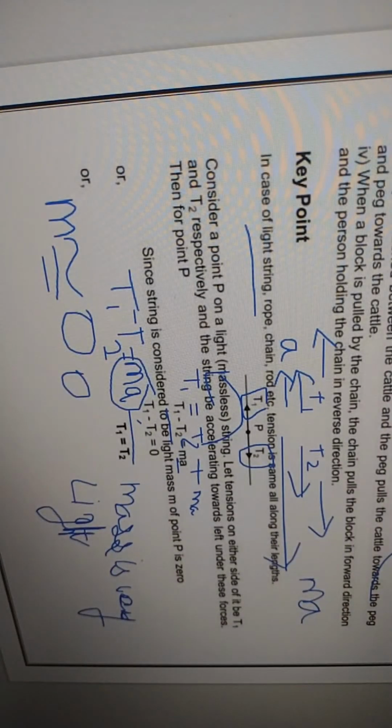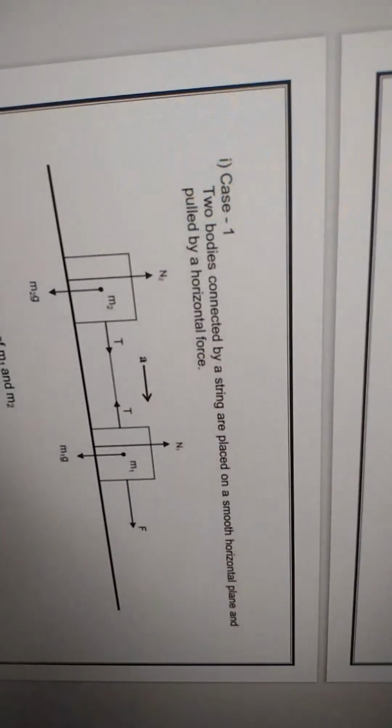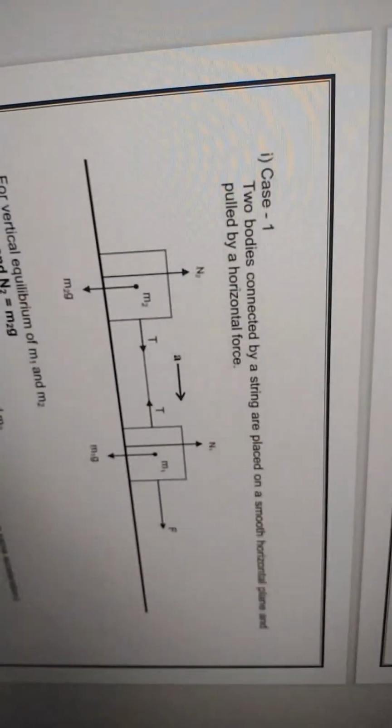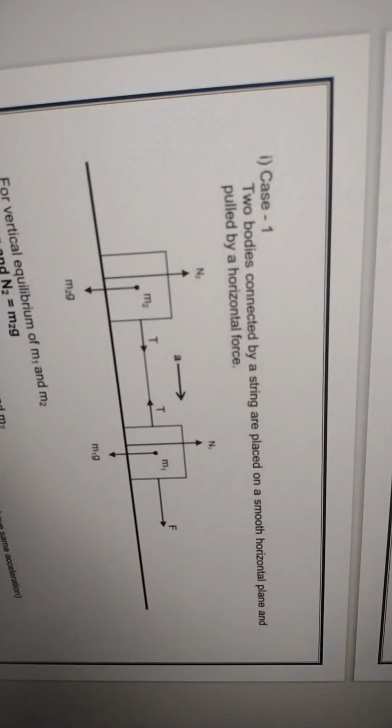The next point is case number 1. Two bodies connected by a string are placed on a smooth horizontal plane and pulled by a horizontal force. This is the center point, the centroid. Centroid means where all the diagonals meet.